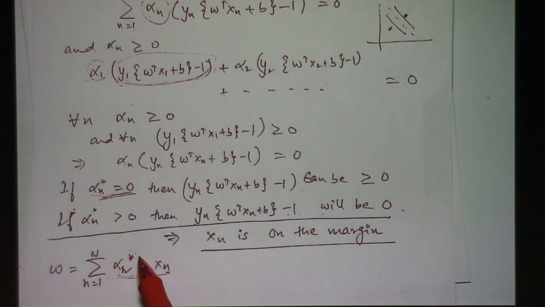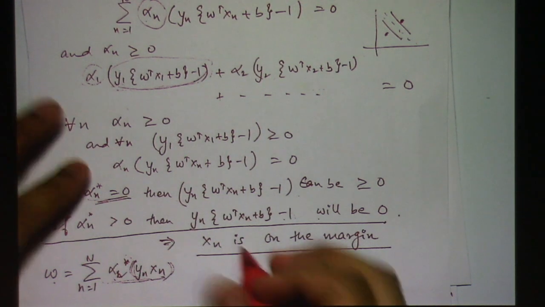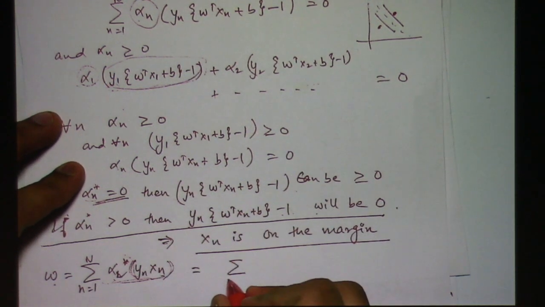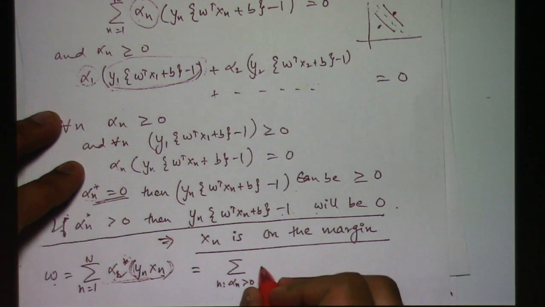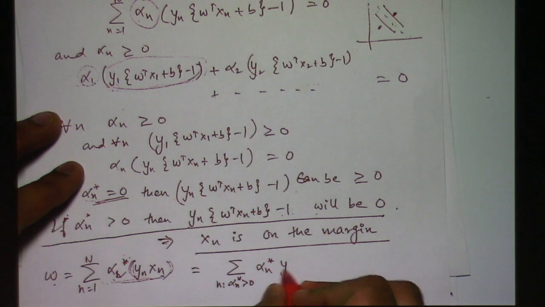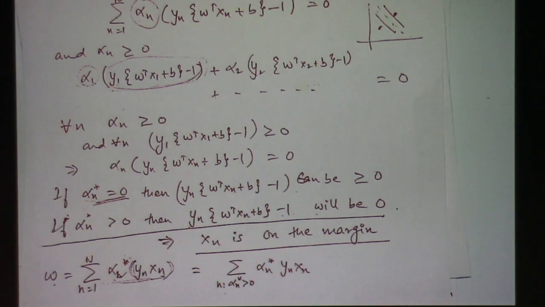Those training data points are useless in finding W because for them alpha n star is 0. The only ones that are useful for us to compute W are the n such that alpha n is greater than 0, because the ones equal to 0 are not useful.